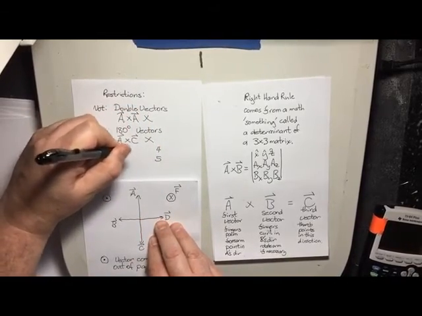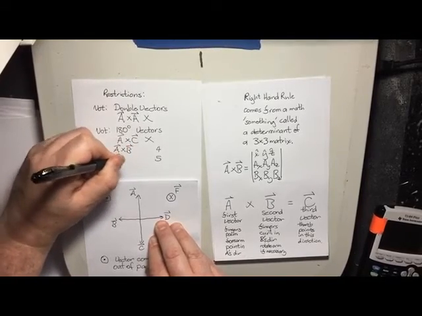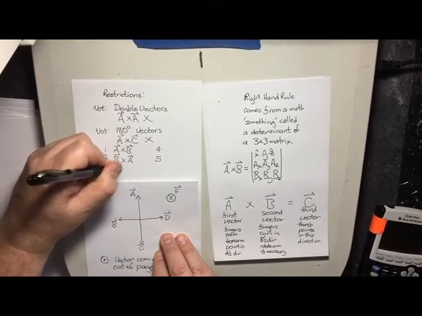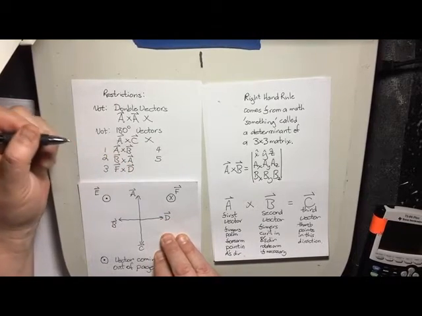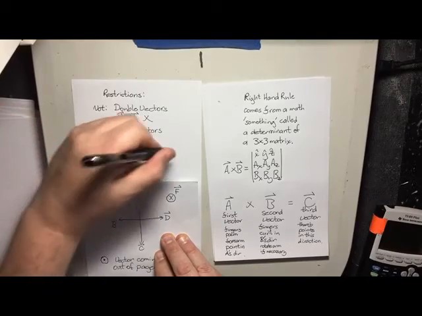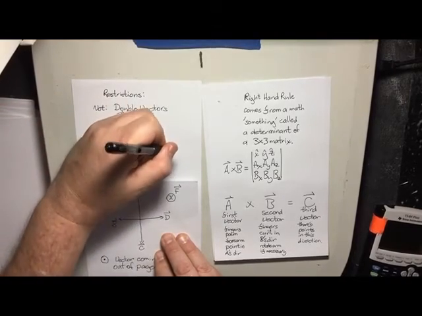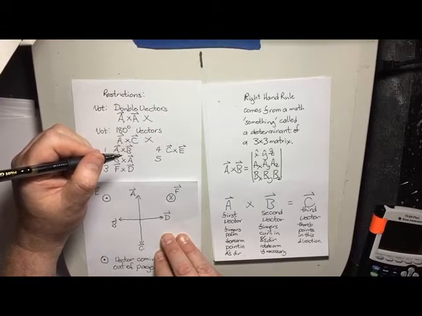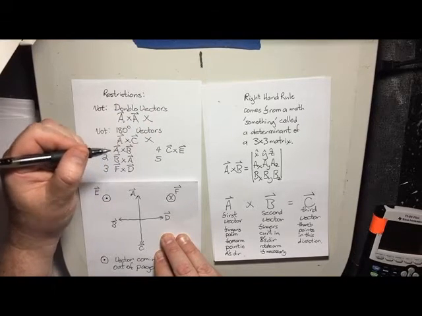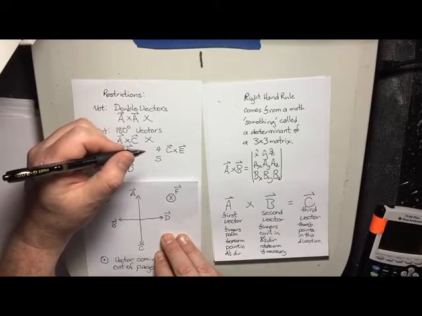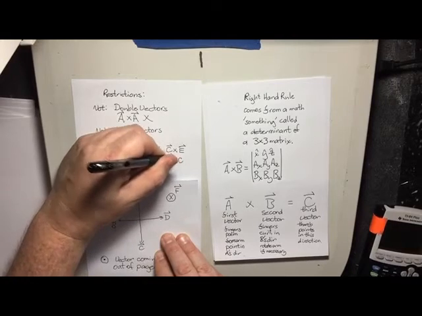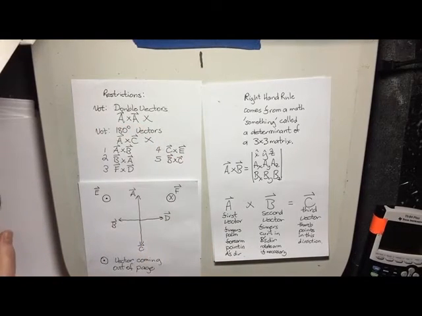A cross B, B cross A, F cross D, C cross E, and whatever, B cross C. Okay, so those are going to be the vectors that we're going to do.